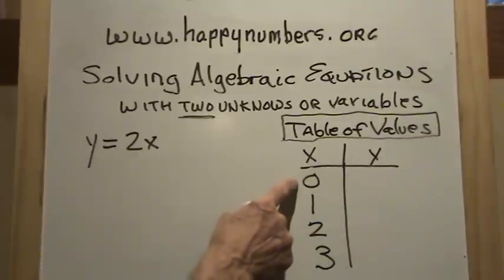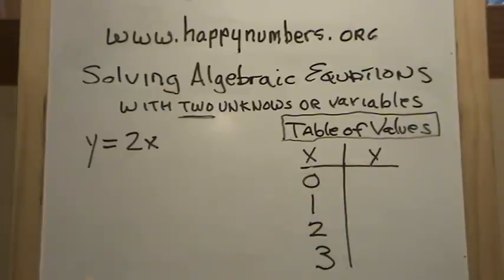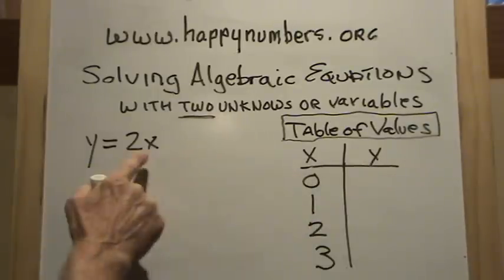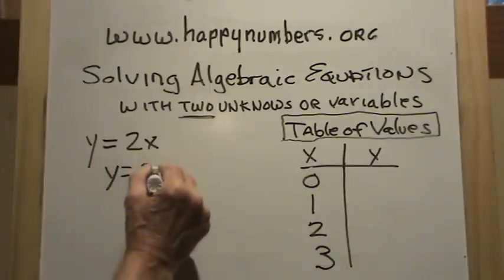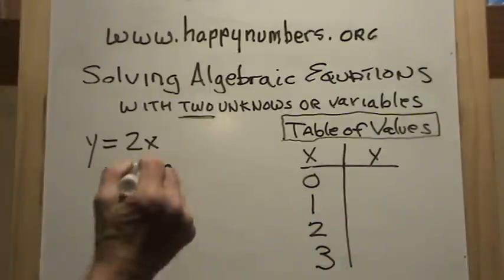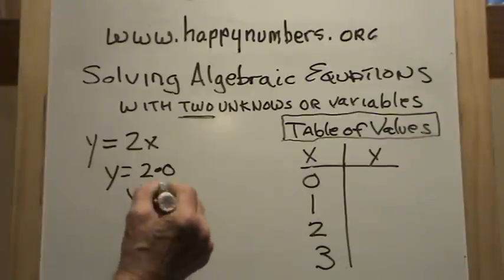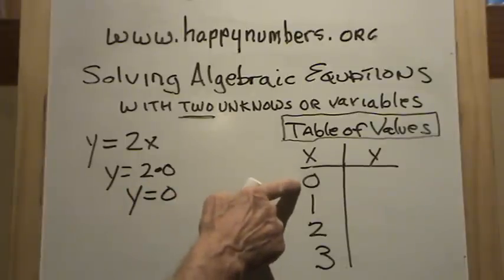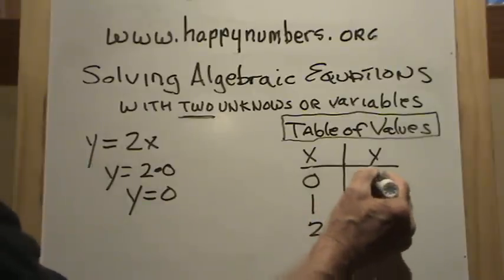So if x is 0, we're going to figure out what the value of y is. So let's take 0 and plug it in here. This would be y is equal to 2 times 0. And we know 2 times 0 is 0, so y is equal to 0. So when x is equal to 0, in this equation, y is equal to 0.